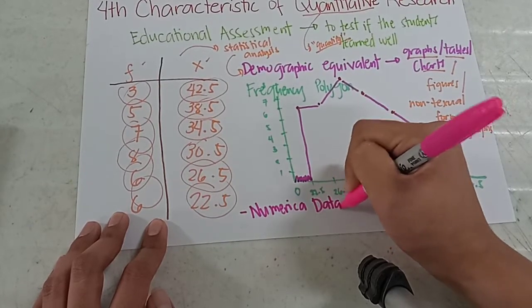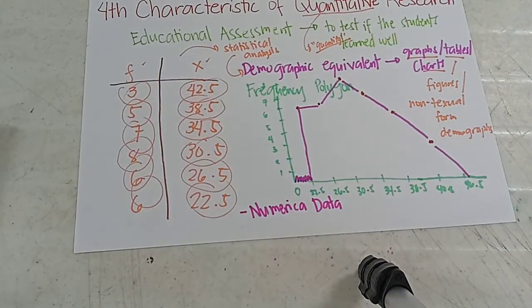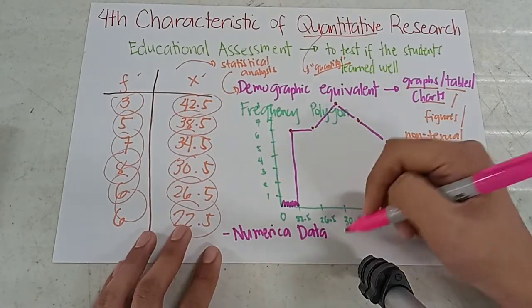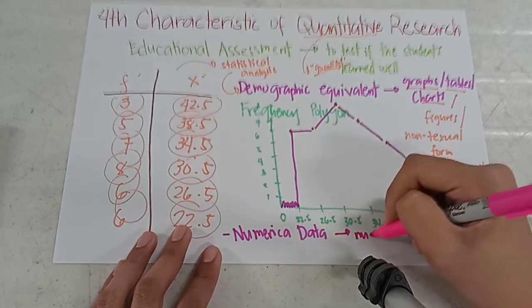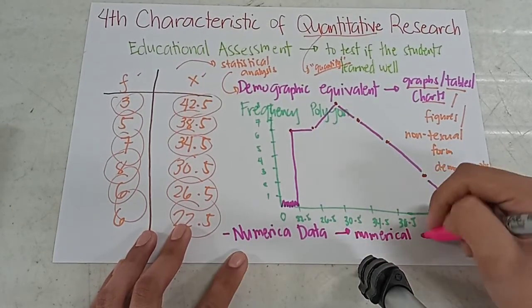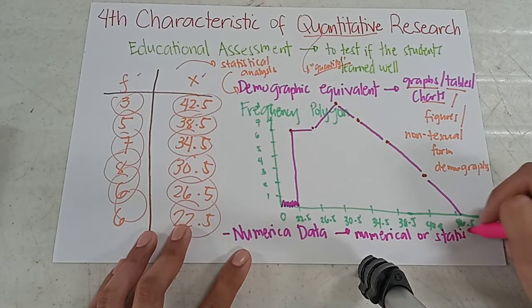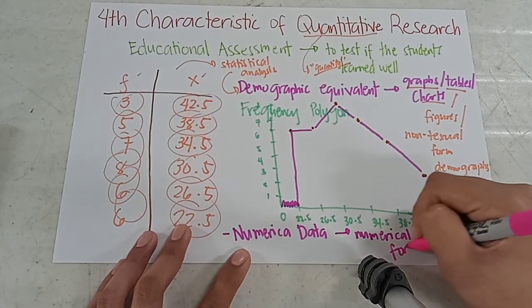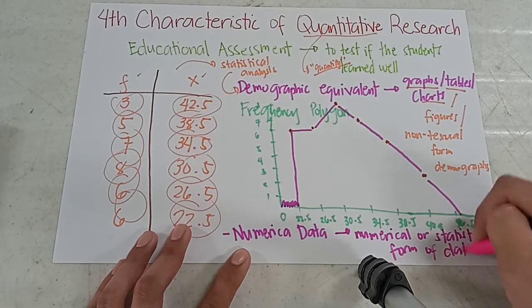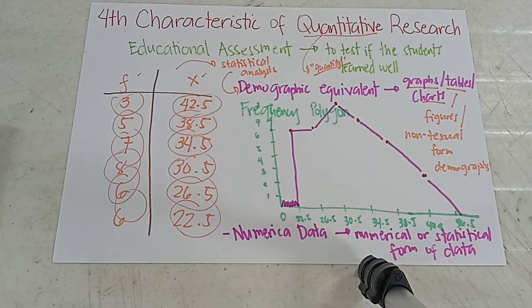The data of quantitative research is in the form of numbers, in numerical or statistical form. So what do we mean by this fourth characteristic once more? Quantitative research makes use of numerical data, in number form or statistical form.